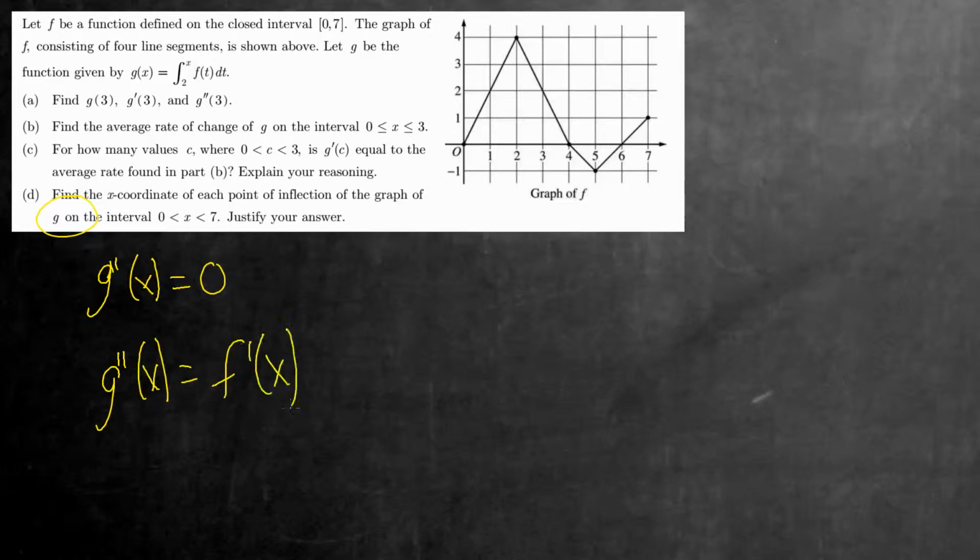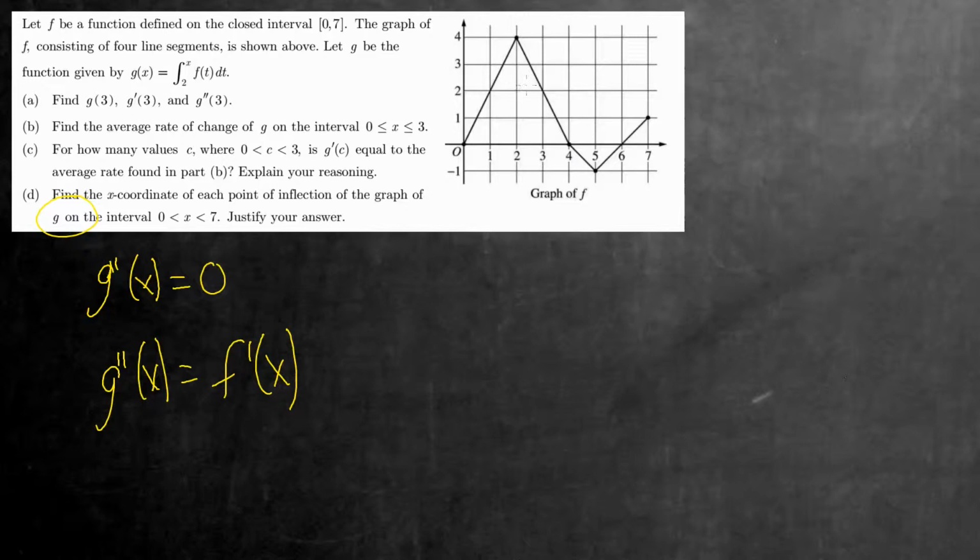G is going to have a point of inflection whenever g double prime is 0 and changes from positive to negative or negative to positive. G double prime of x equals f prime of x. So really we can just concentrate on the slope of f.